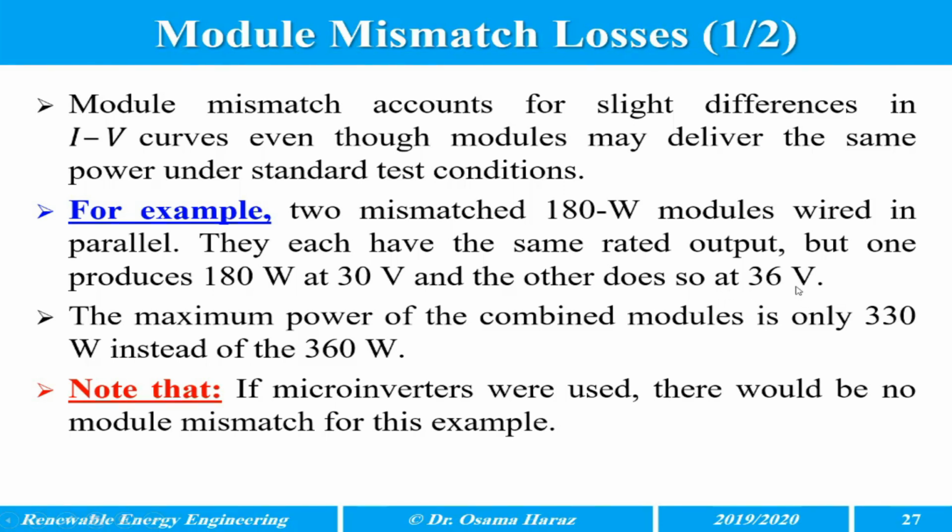When you connect them together in parallel, you end up with a maximum power of the combined module of only 330 watts instead of 360 watts. So there is a drop in power due to mismatch. To get rid of this problem, we have to use a microinverter in each module.